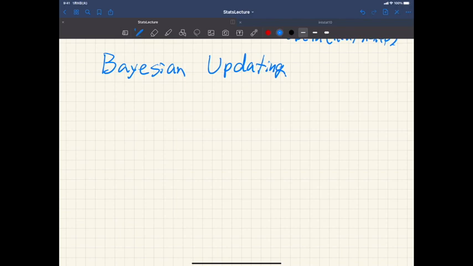One of the nice things about Bayesian inference is that we can update our knowledge as soon as new data come in. This is called Bayesian updating. For example, in the previous example, we had the prior distribution of the probability of getting a head, without any experimental data.